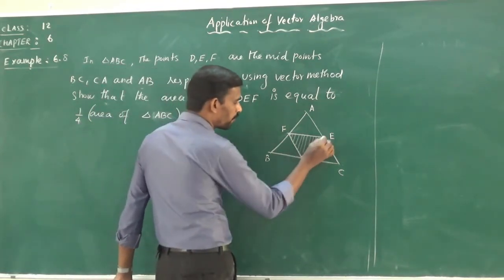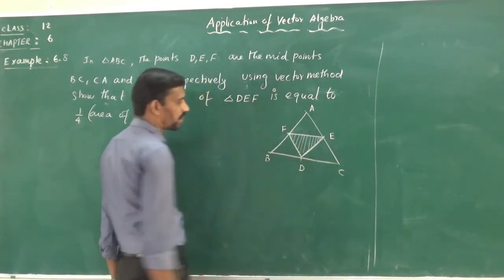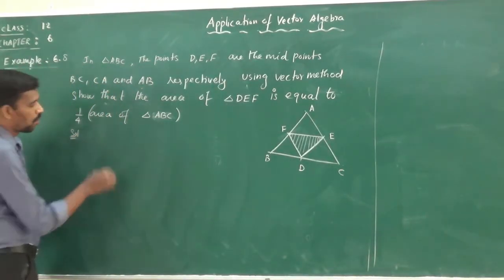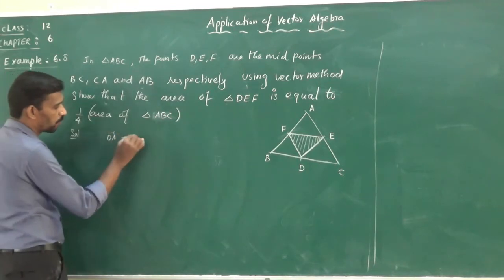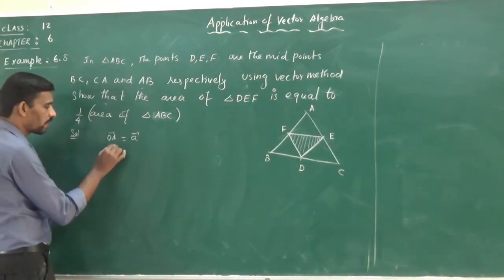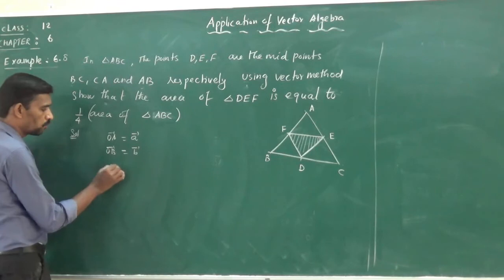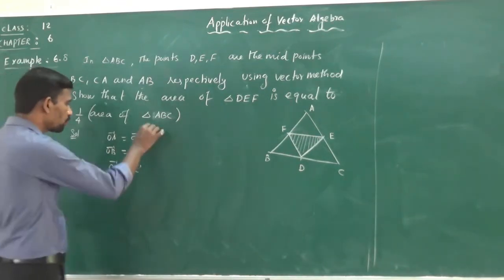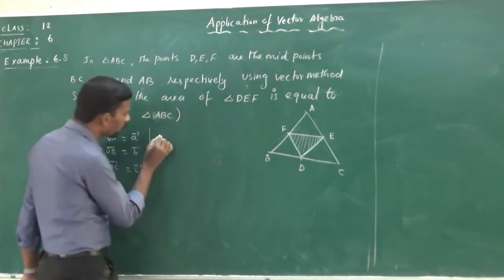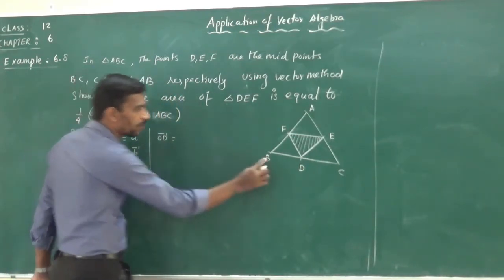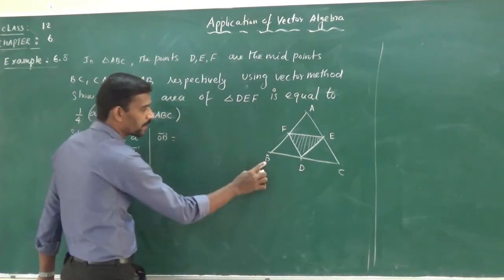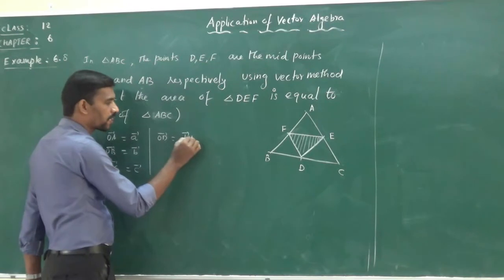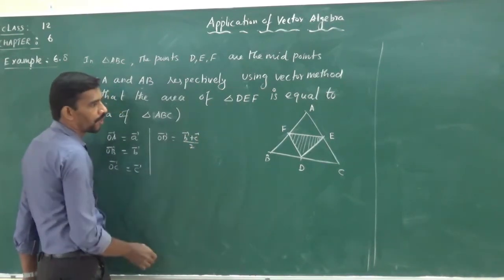Here I am going to take these two sides. Before that, I want to introduce here: OA vector is equal to a vector, OB vector is equal to b vector, OC vector is equal to c vector. Therefore, what about the OD vector? D is the midpoint of B and C, so b vector represents B, c vector represents C. So OD is nothing but b vector plus c vector divided by 2.